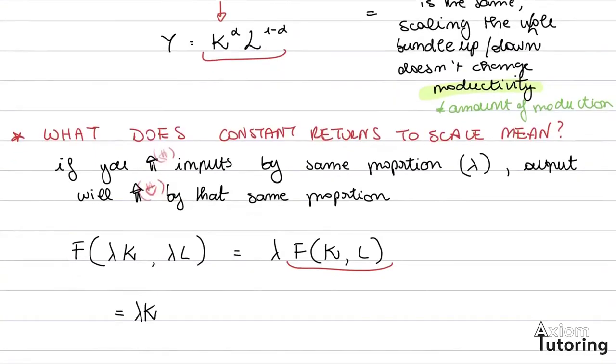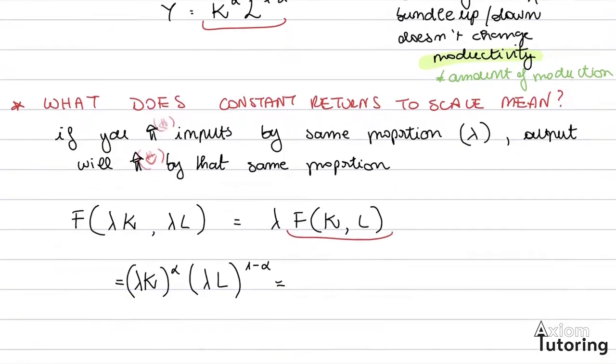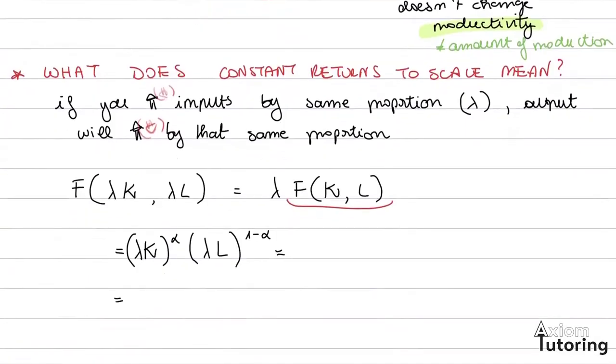So we obtain lambda K, everything to the power of alpha, and then lambda L, everything to the power of 1 minus alpha. If we open the brackets and distribute the power to each of the two terms in each parenthesis, we have lambda to the power of alpha, K to the power of alpha, times lambda to the power of 1 minus alpha, times L to the power of 1 minus alpha.